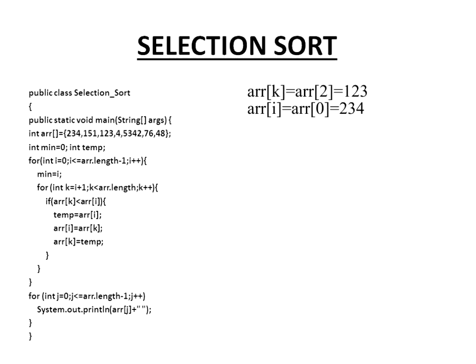This time again ARR[k] is less than ARR[i], so again this loop will be executed.